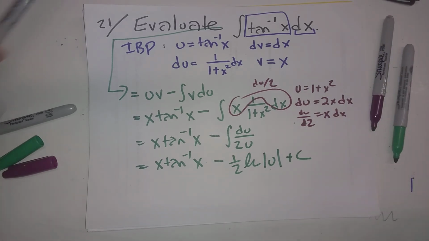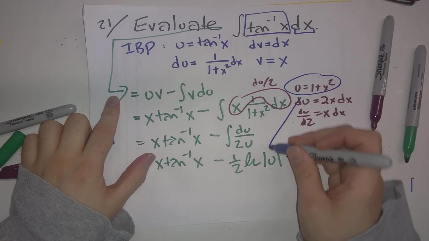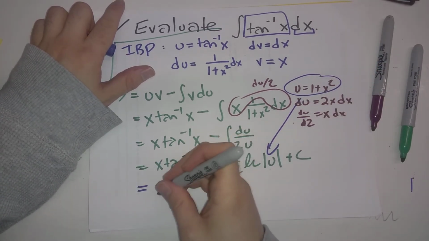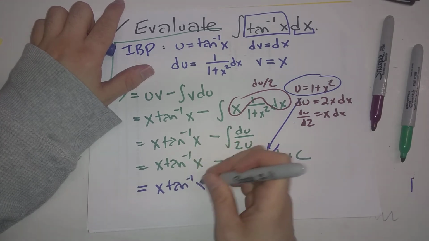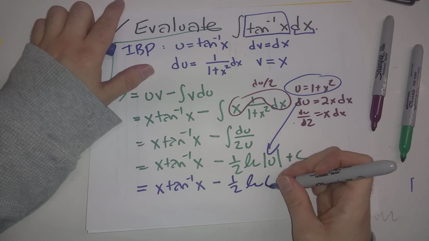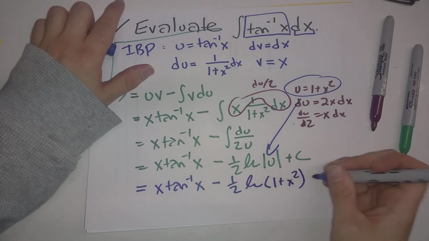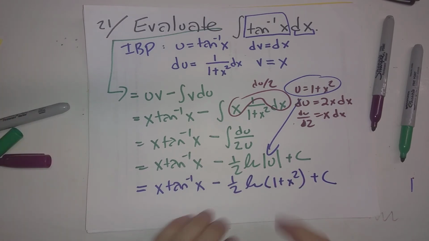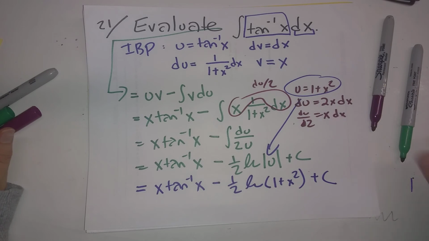And our final step is we have to substitute back in. Don't forget that final step in these kinds of problems. x arctangent x minus 1/2 natural log of 1 plus x squared. I'll point out here that I dropped the absolute value bars because 1 plus x squared is never negative.